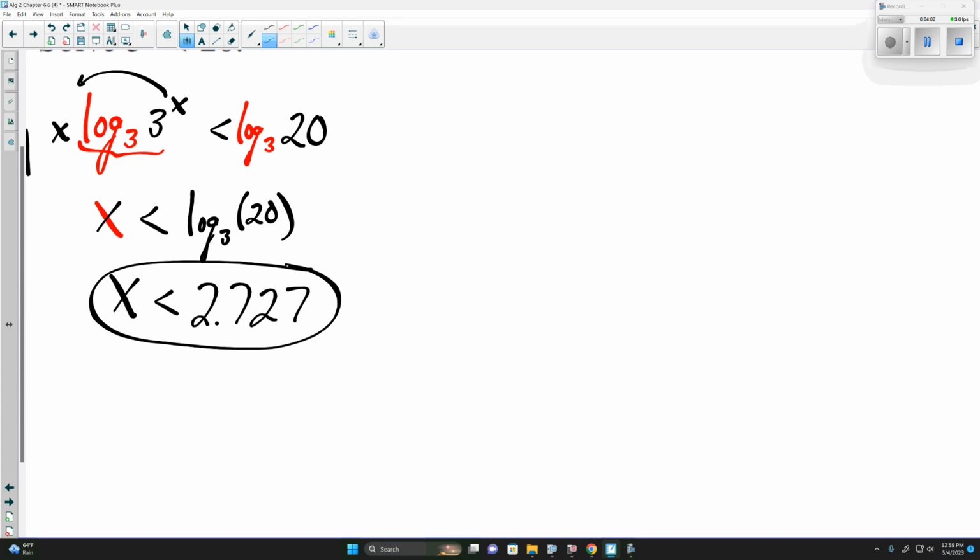So as long as x is less than 2.727, we do have a true statement. It does work. Questions on this here? We ready for the next one?